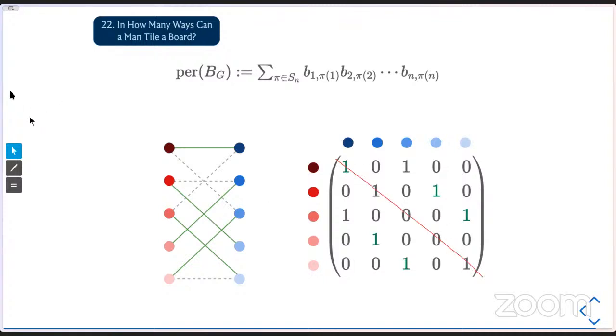The identity permutation corresponds to the product of these entries. So what's that product?